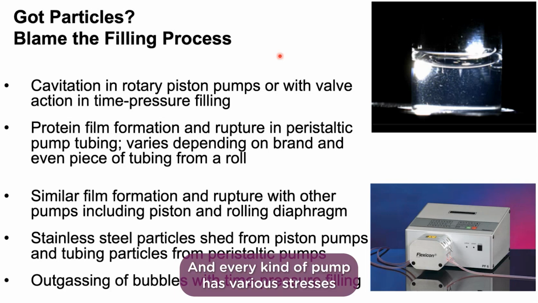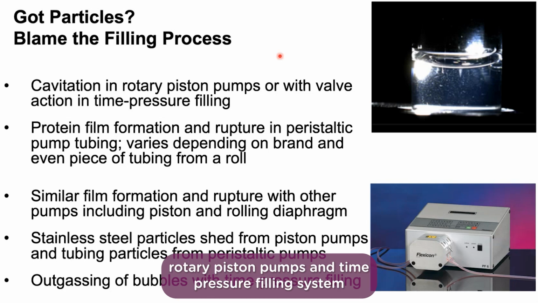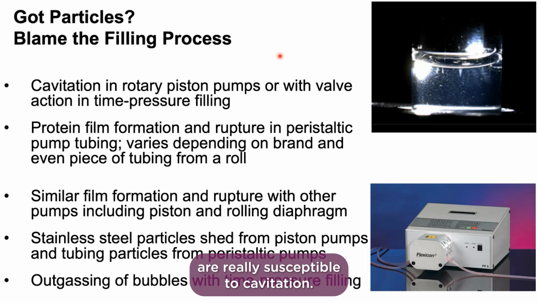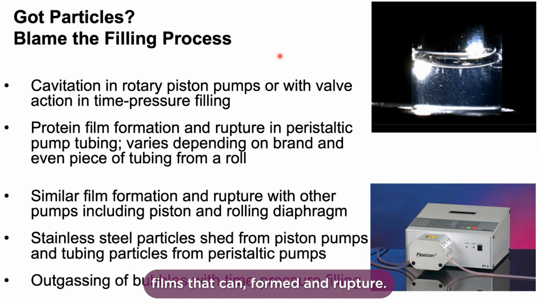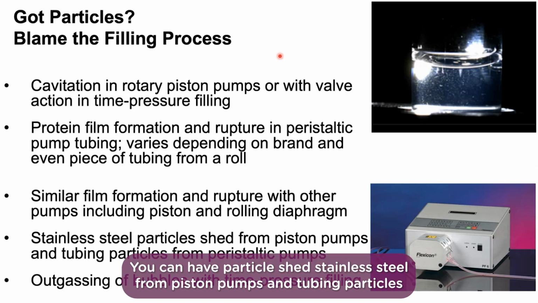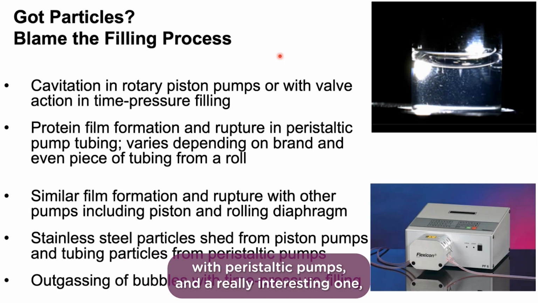And every kind of pump has various stresses. Rotary piston pumps and time pressure filling systems are really susceptible to cavitation. All of these systems have interfaces where proteins can form films that can be formed and rupture. You get it with all kinds of pumps. You can have particles shed, stainless steel from piston pumps and tubing particles with peristaltic pumps.